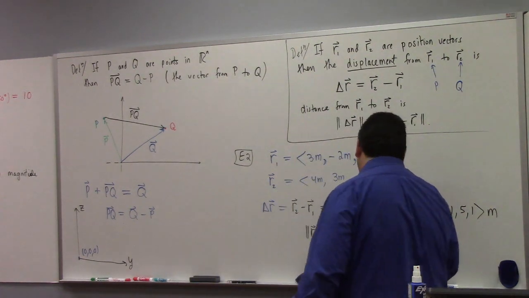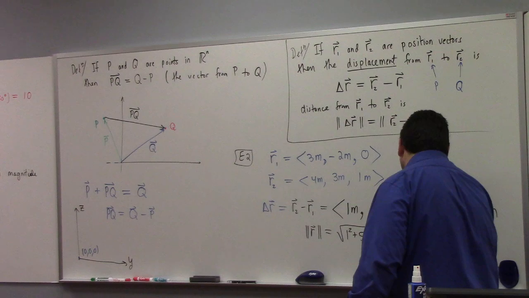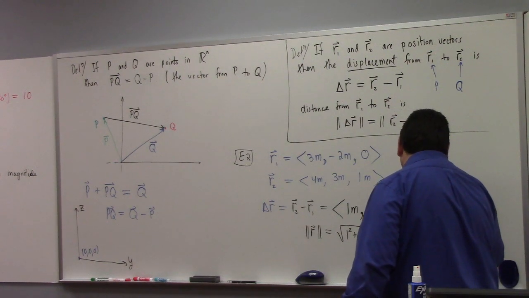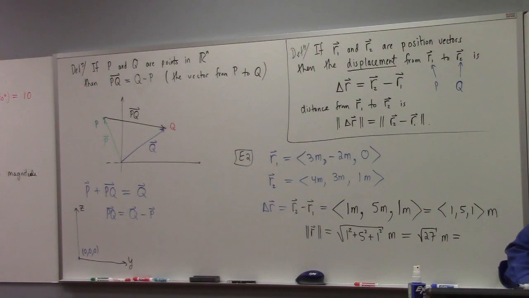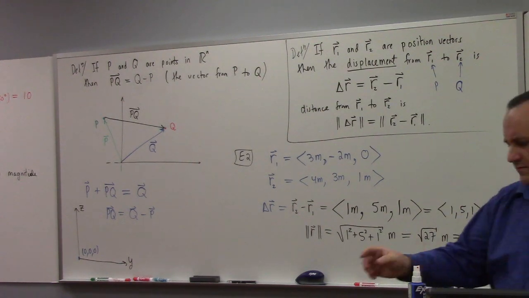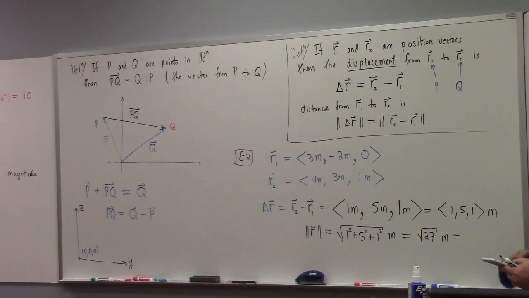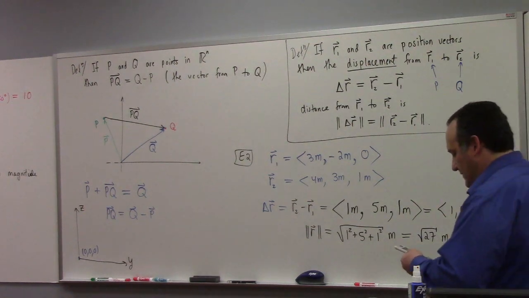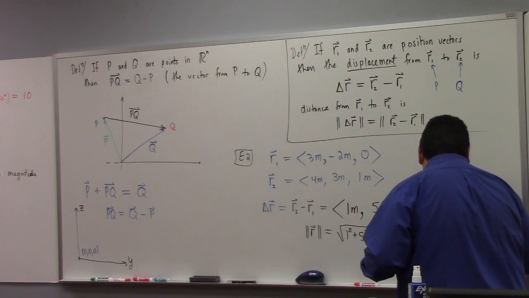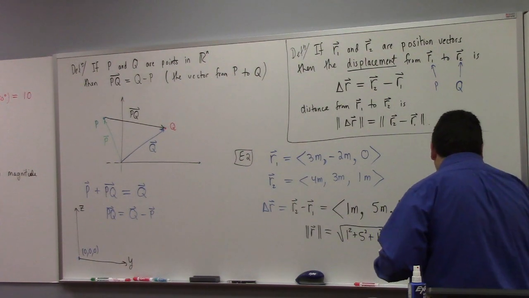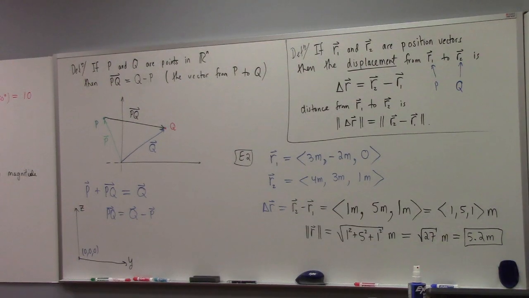And that gives me the square root of 27 meters, which is what? 5.2-ish. Now, of course, this is very, very rough, right? Because my methods of measurement were very crude, but there you go.